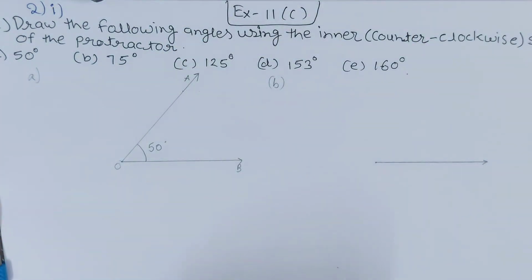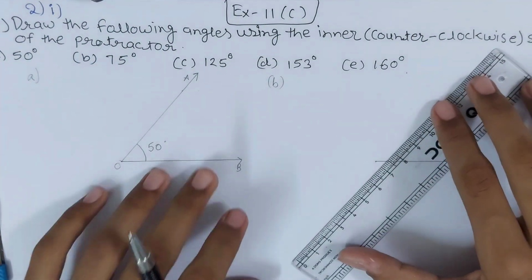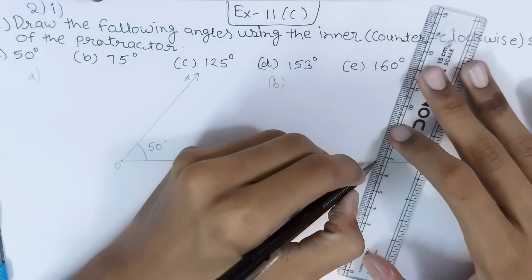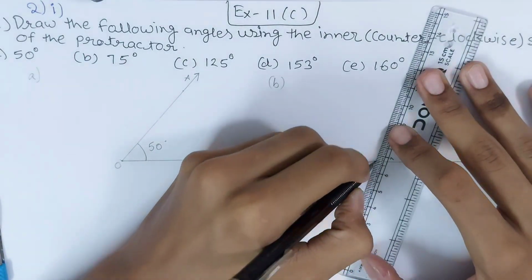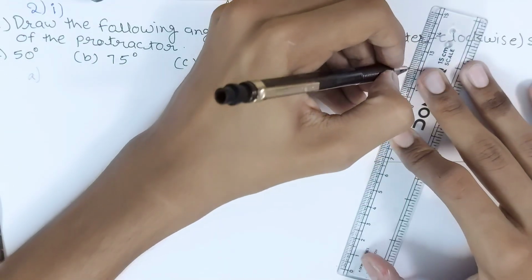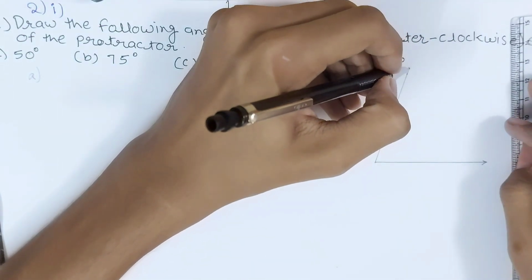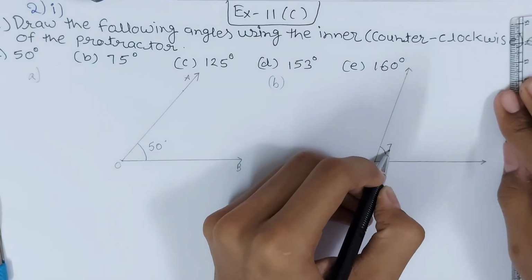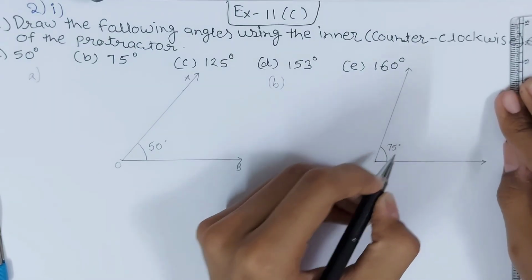Now very simple, the point is made. Again you can just make a ray out of it, draw it like this, here and a little more, that should be fine. This is an angle of 75 degrees.